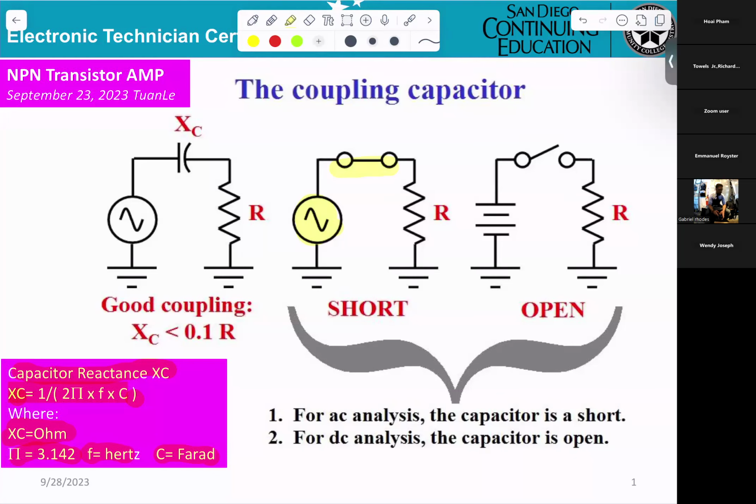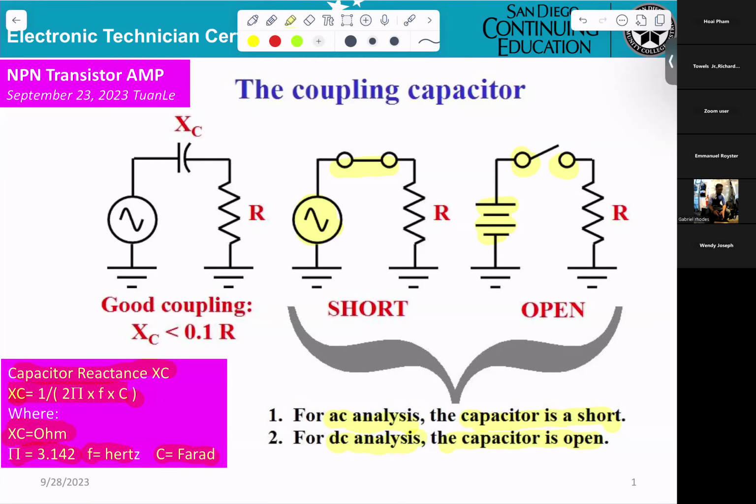Okay? And if it's at the DC, it will be open. Okay? For AC analysis, capacitor is shorted. DC analysis, capacitor will be open.